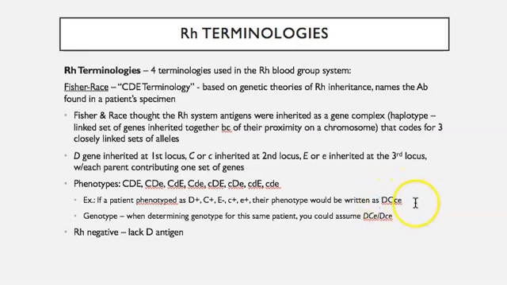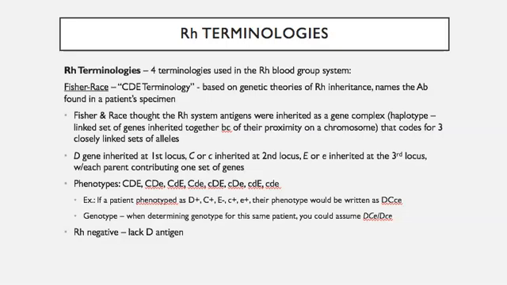But the genotype for this same patient, you have to remember, there's a little slash mark separating the 2 possible inheritance patterns, because remember, you have to get one from mom and one from dad. So this phenotype would translate as this genotype.